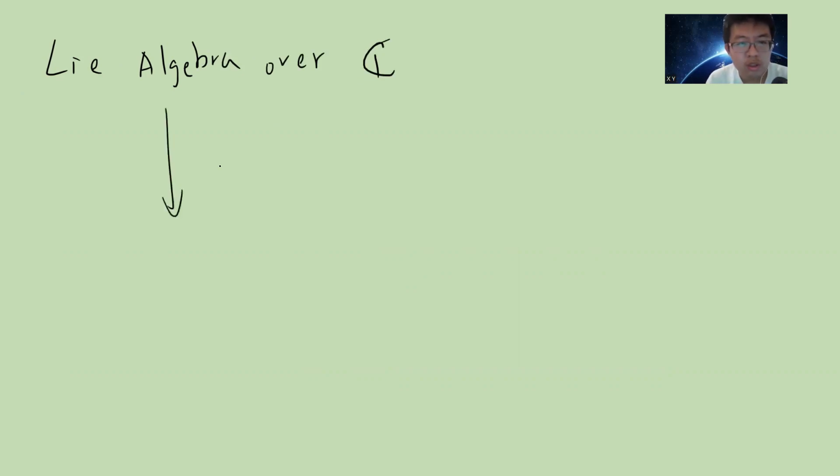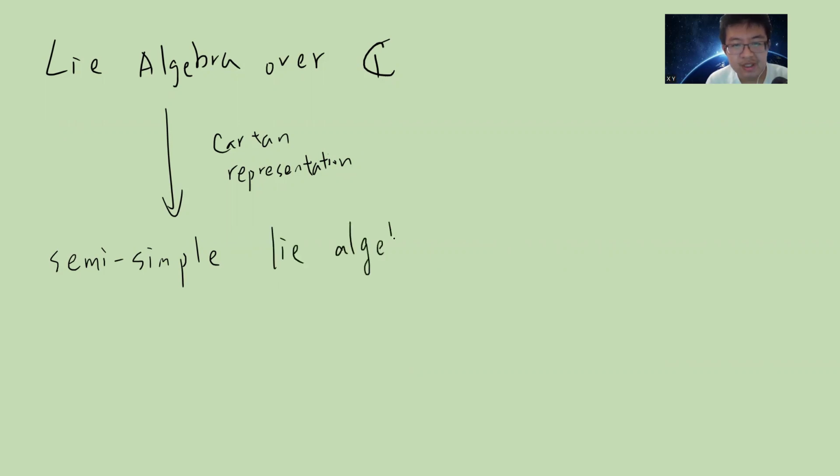After the big machinery, like Cartan subalgebras and representation theory, and also some classification, one can show that one will rather study this special type of algebra called semi-simple Lie algebras. And this type of semi-simple algebra can be shown to be a direct sum of so-called simple Lie algebras.